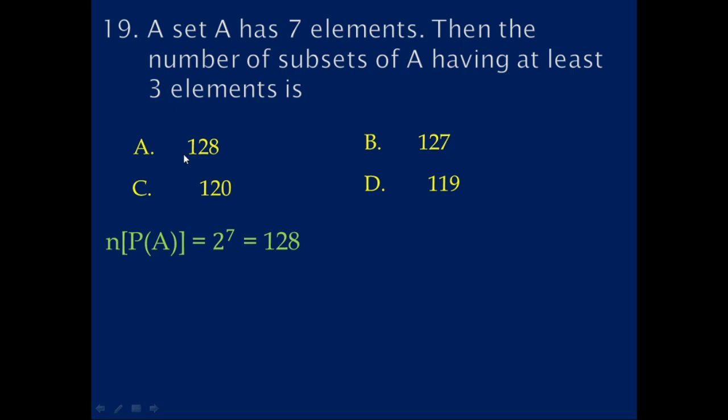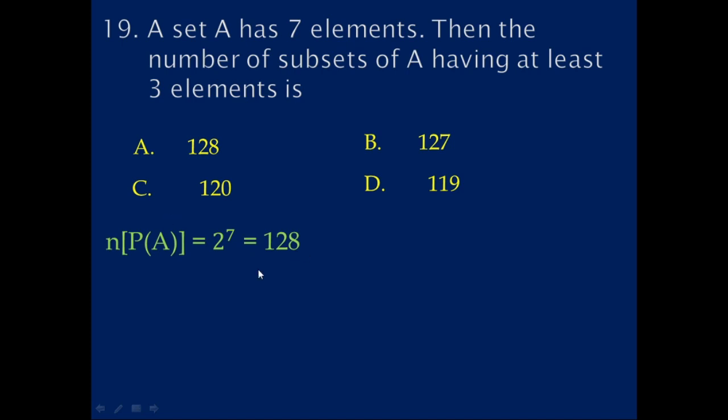Clear? The next. Here you know that the total number of subsets includes the set containing 0 elements, the null set, sets containing 1 element, sets containing 2 elements and sets containing 3, 4 up to 7 elements. The condition is at least 3 elements, minimum 3 elements.